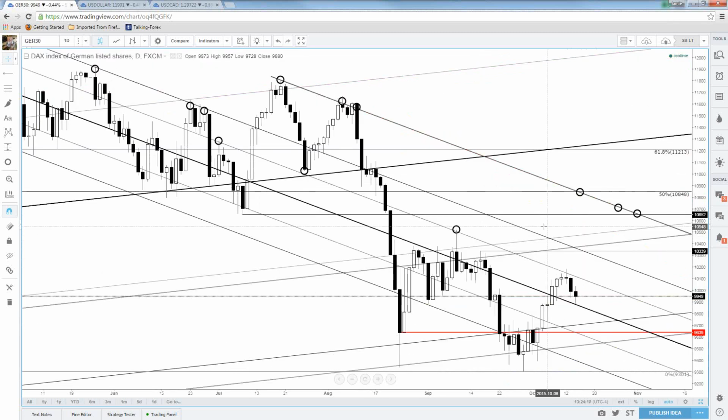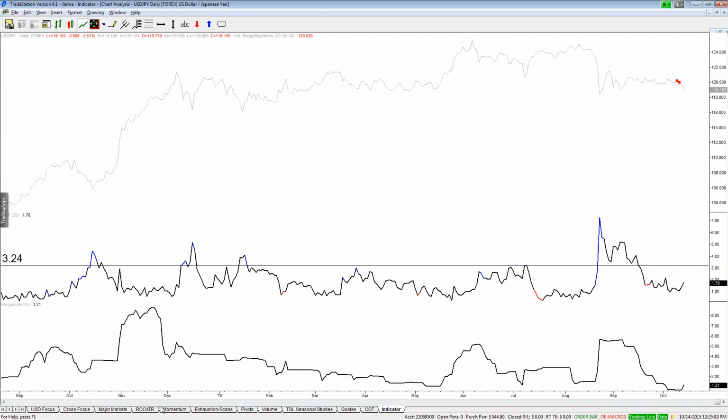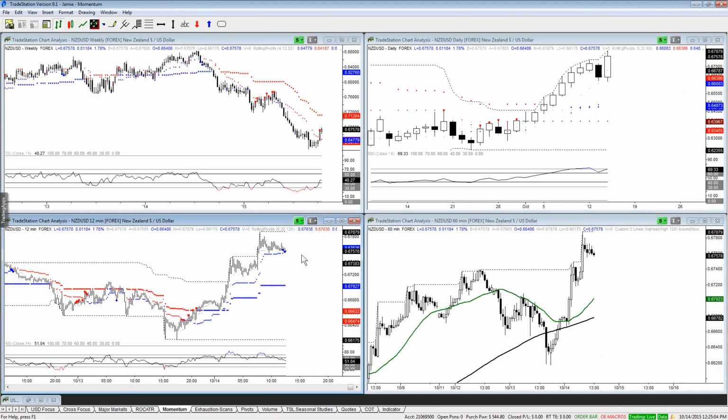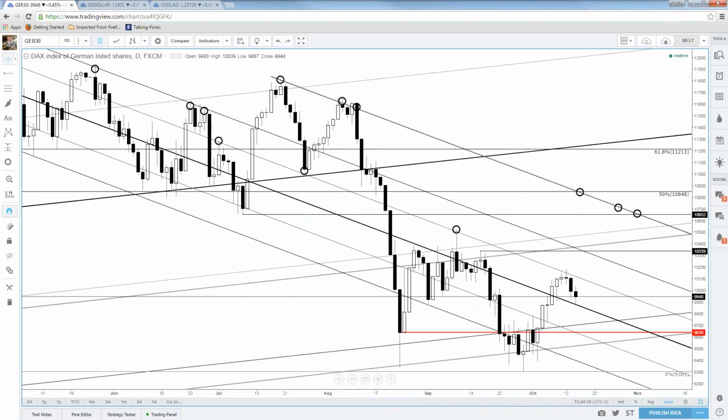Other stock indices worthy of note. Here's the DAX. Hold on, I'll check something out real quick. Kiwi leaking lower, it seems. Here's the DAX, same thing.